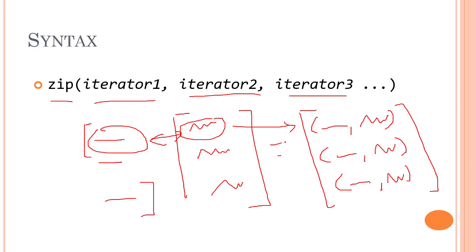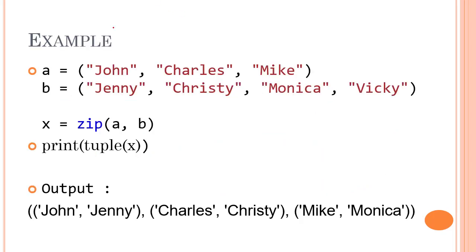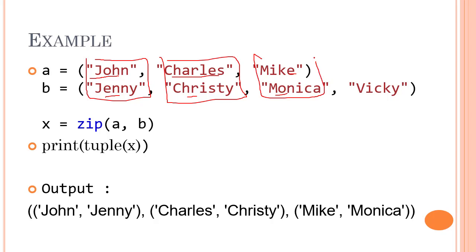Now let's look into a quick example of it. I have two iterables over here, and both are tuples. In the first one I have John, Charles, and Mike, and in the second one I have Jenny, Christy, Monica, and Vicky. So I'm going to zip them up. These two will become a pair, these two will become a pair, these two will become a pair.